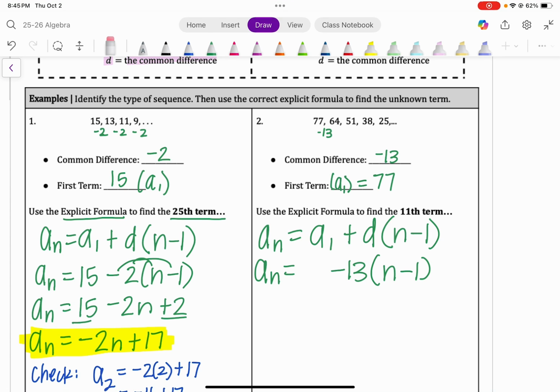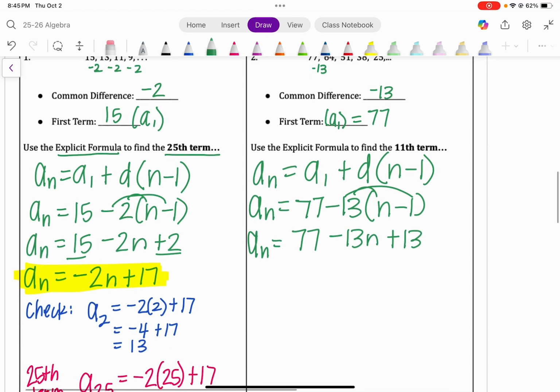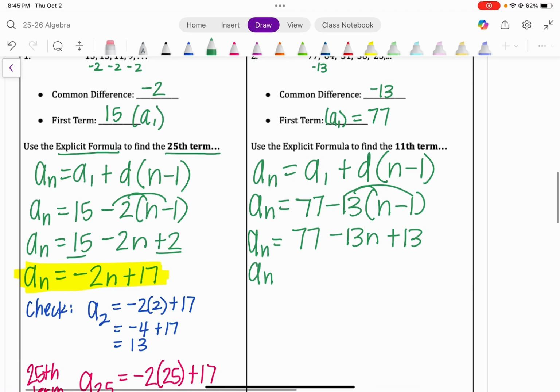Let's fix that. The first term was 77. Okay, so that's 77 minus 13n. Negative 13 times negative 1 would be plus 13. And when we combine our like terms, a sub n would be negative 13n, and when we combine our 77 and 13, that will be plus 90.